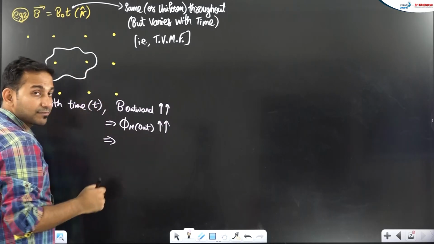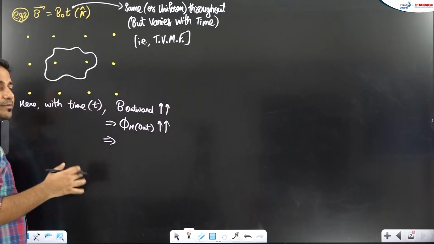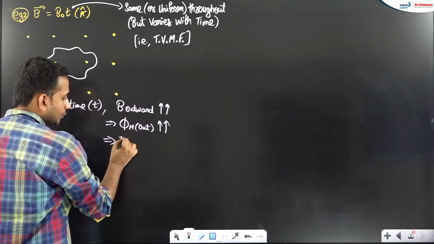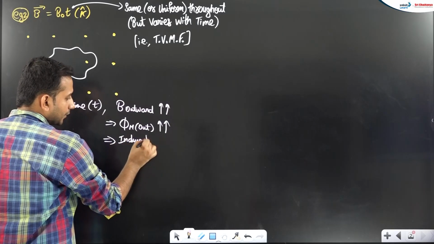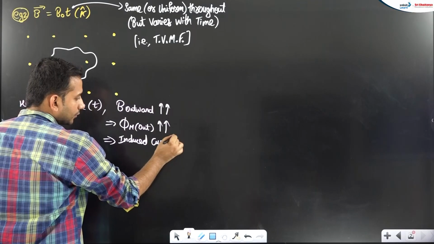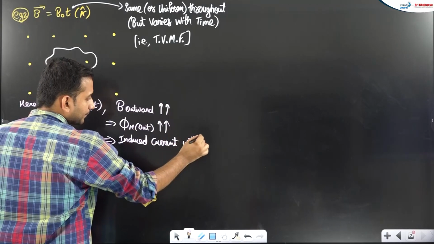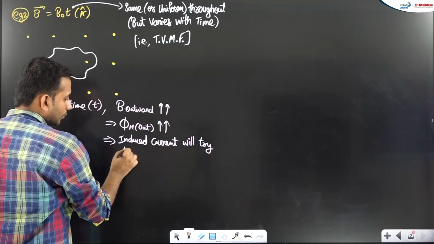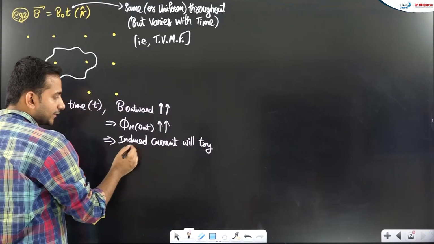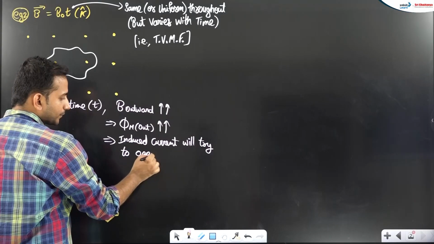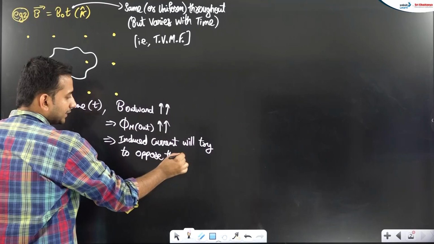So there will be an EMF induced, and since the loop is closed, there will be a current induced. So here the induced current will always have a tendency to oppose the change, oppose the increment.